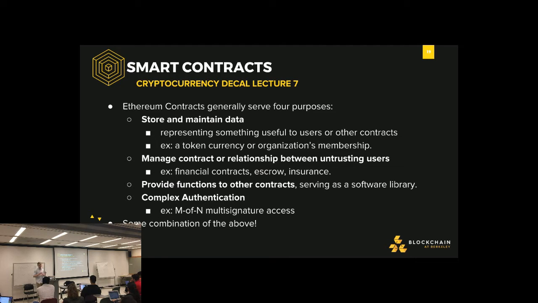If you have a board of a large corporation, maybe you trust that no more than 5 board members will collude out of the 10 board members in order to send money or create a new proposal that the corporation will follow, for example. And then a lot of smart contracts are just combinations of these specific classes.